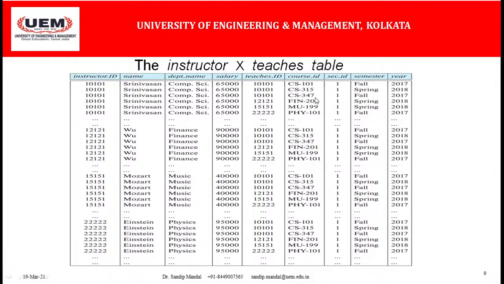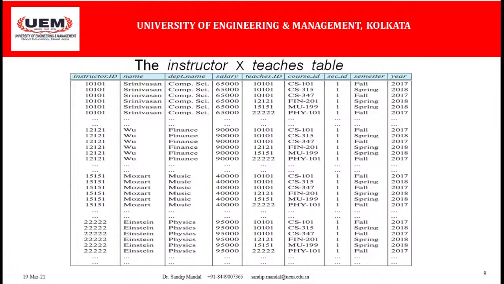That is the relevant information. But from this table you can't judge that, because here 101 Srinivasan is mentioned and here in course ID another ID is mentioned, that is 12121. Where the instructor ID and the teacher's ID match, you can easily say that the particular instructor teaches these particular courses in the particular semester. I hope you understand my point.